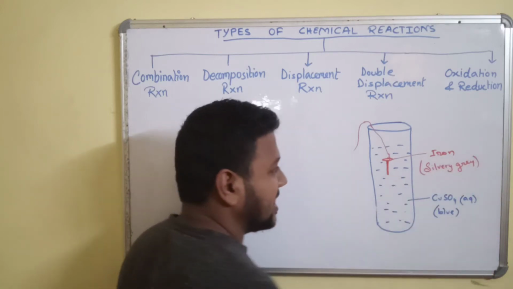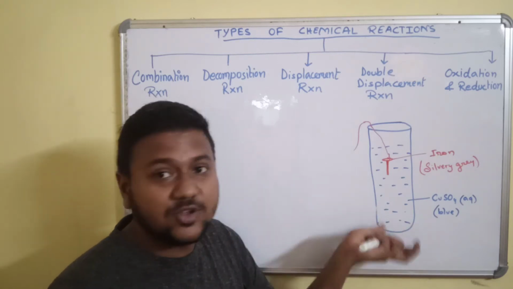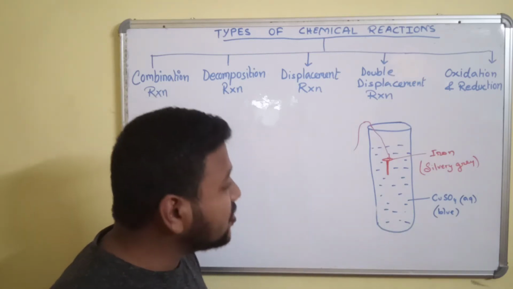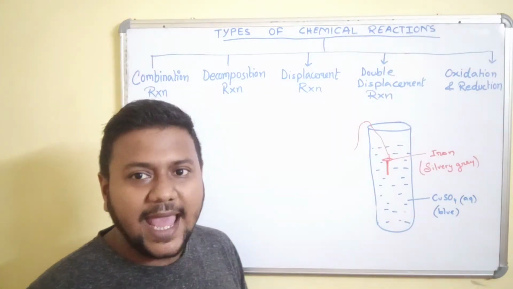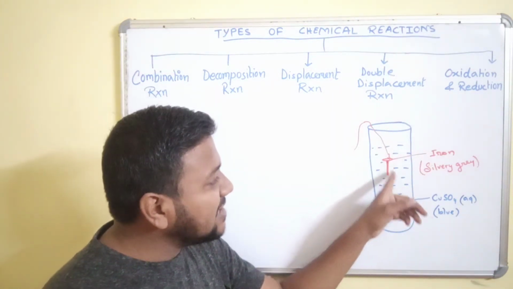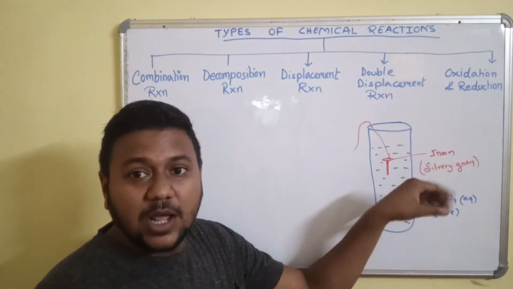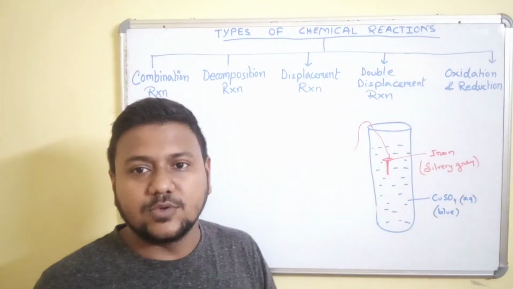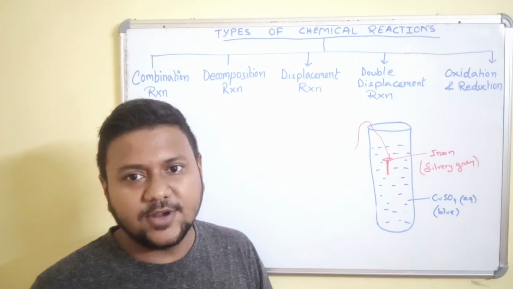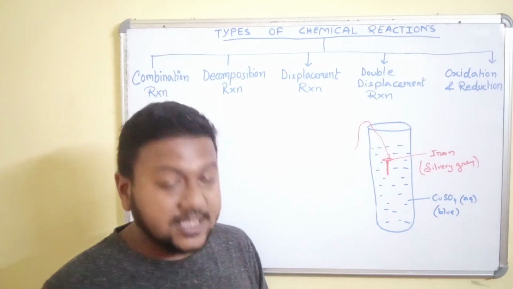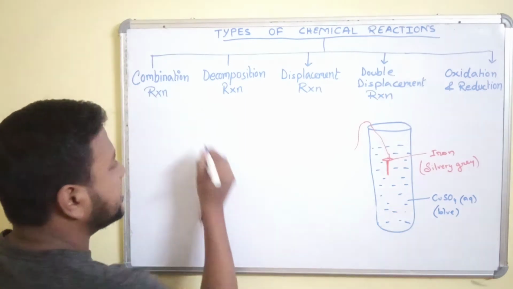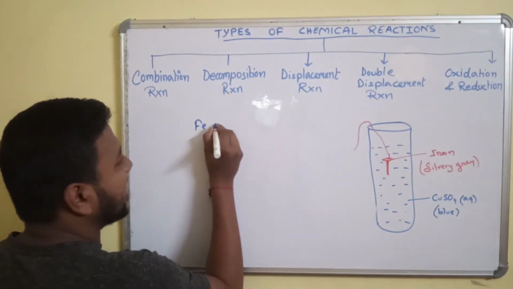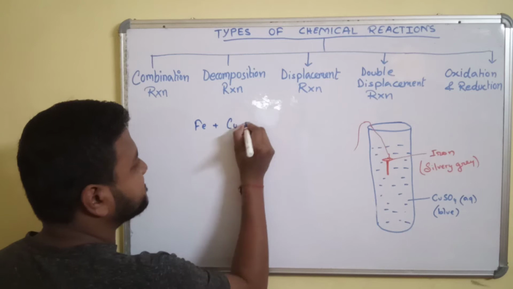As the reaction continues, we will find the blue color of the copper sulfate slowly disappearing, and the silvery grey nail will have a coating of brown substance. Why is this happening? This is because of a displacement reaction, which is written as iron reacting with copper sulfate.